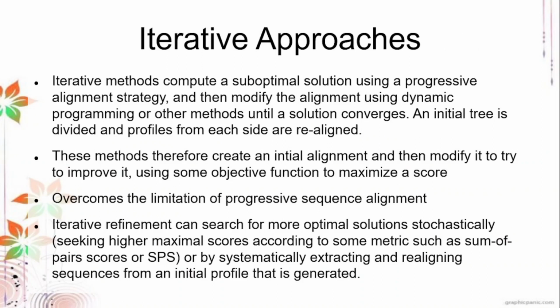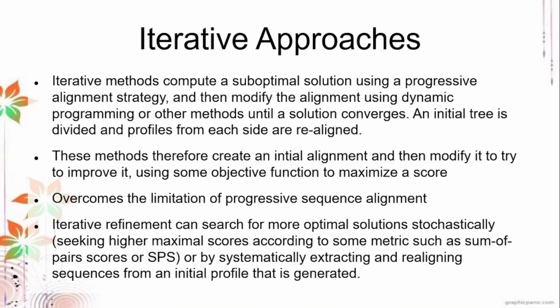That is why we have this iterative approach. So the iterative approach seeks to improve the progressive alignment approach, especially on its limitation, which is again the suboptimal solution due to the order of adding the sequences. Now, in this method, you are basically doing multiple progressive alignments.